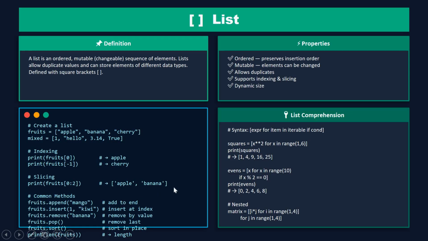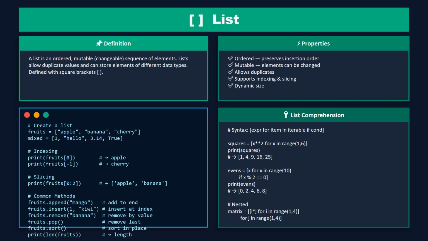One more function is fruits.sort, which sorts the elements, and len of fruits displays the number of elements. So these are the functions we use frequently: append, insert, remove, pop, sort and length.